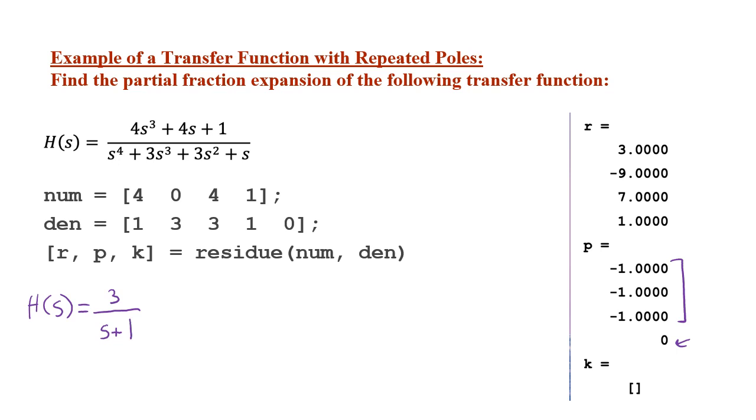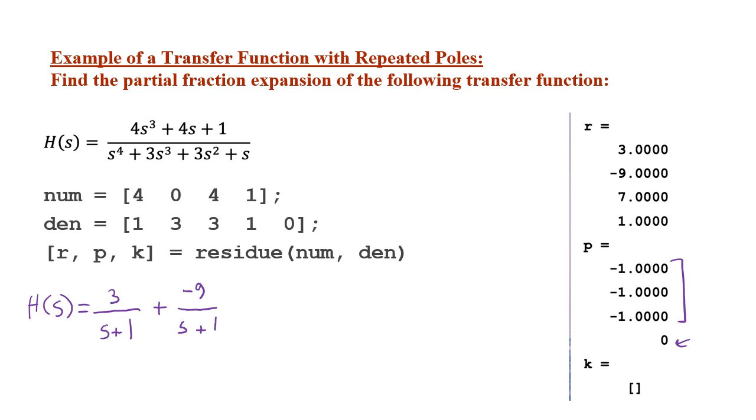And then for the next term we have plus negative 9, the second residue, divided by s minus the second pole, which is negative 1. So that will be s plus 1.